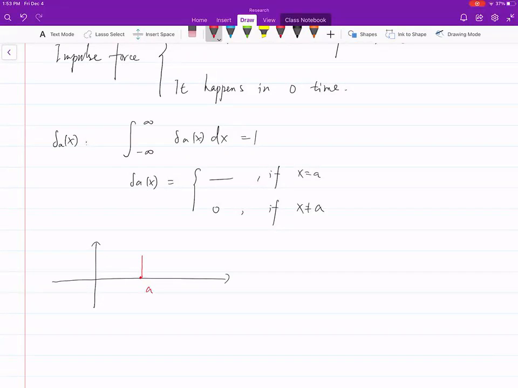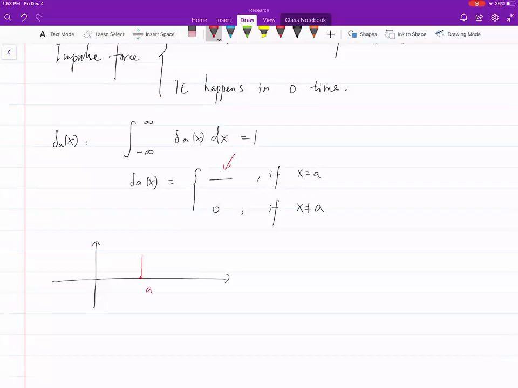Good so far? All right. Now, what's the number I should put here? If that's where your force is, how do you do it? Well, then you have a problem, right? You want to integrate this function from negative infinity to infinity so that you have a finite momentum, which is 1.